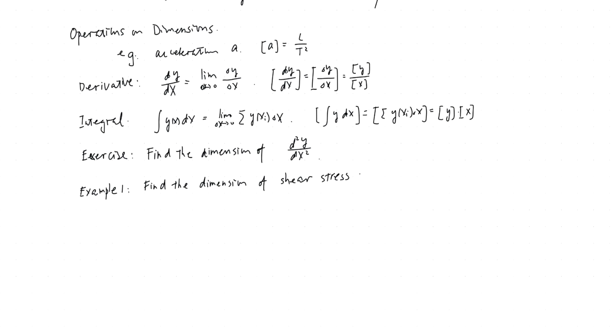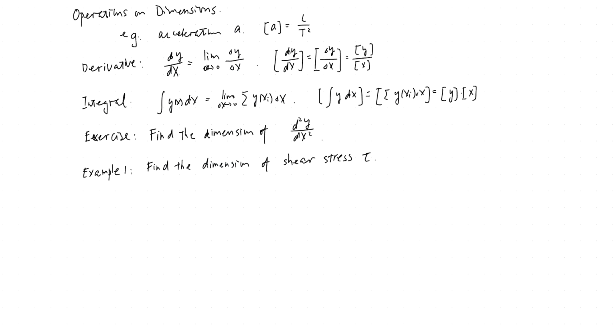In order to figure out the shear stress, we first need to know how the shear stress is defined. The shear stress is defined as the force applied on a surface per unit area of that surface. So it has the same dimension as pressure. In a sense, it's force per unit area. So the dimension of shear stress tau is the dimension of force divided by the dimension of area.